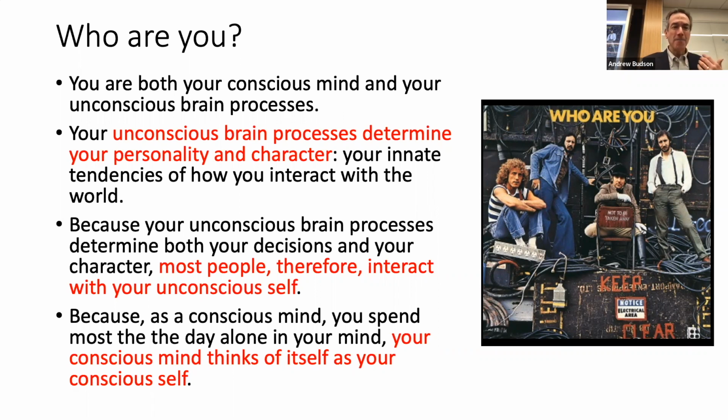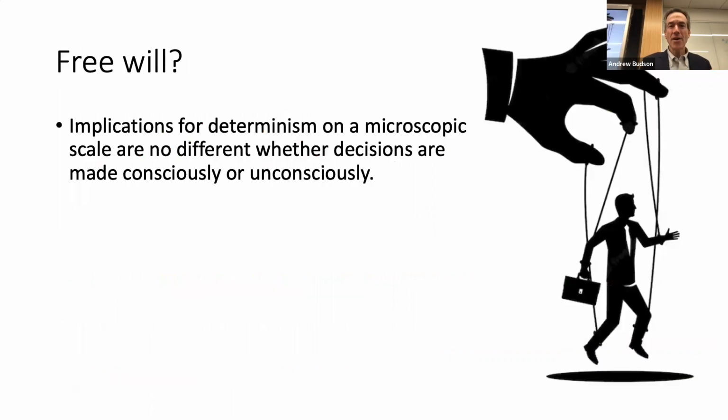Now, I want to be very clear that this theory really says nothing about free will in terms of determinism on a microscopic scale. This theory is agnostic in terms of whether everything is determined by stimulus response interactions and physical and chemical interactions in the brain interacting with the environment.